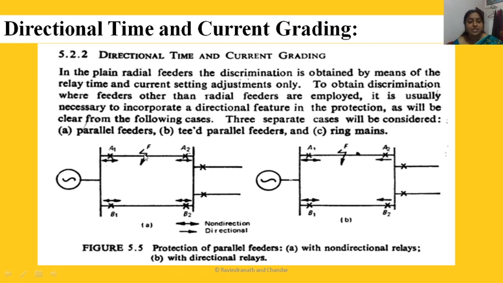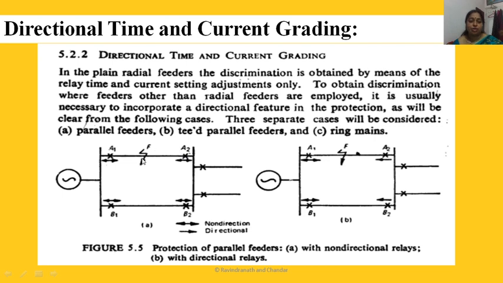But what happens if there is a fault at F? As it is a parallel feeder, the source will supply fault current through A1 as well as through the other path, B1, B2, A2.